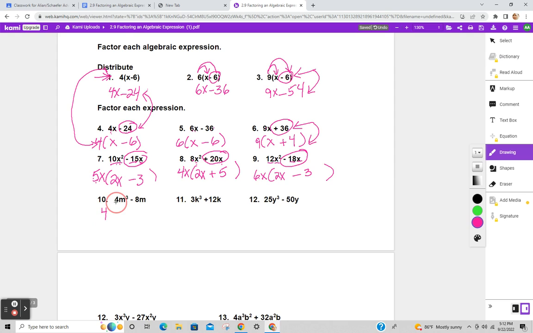4 will divide 4 and 8 evenly, and we're going to need m because m divides m evenly and it divides m cubed evenly. So we're going to need 4m as our greatest common factor. 4m times what will give us 4m cubed? Well, we have 4, so we don't need anything for 4.